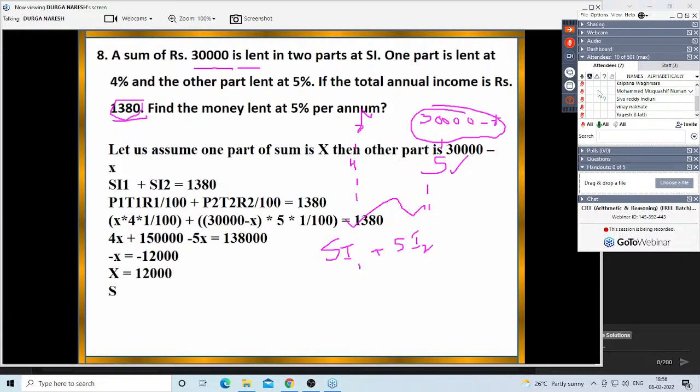So 18,000 is the money lent at 5% per annum and 12,000 is the money lent at 4% per annum. The answer is 18,000.